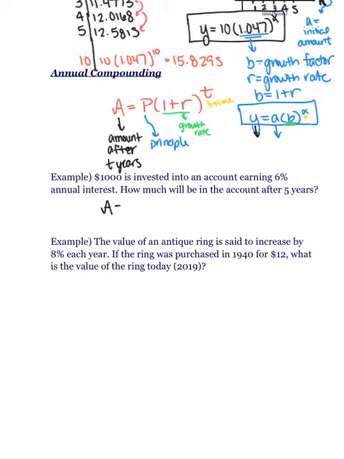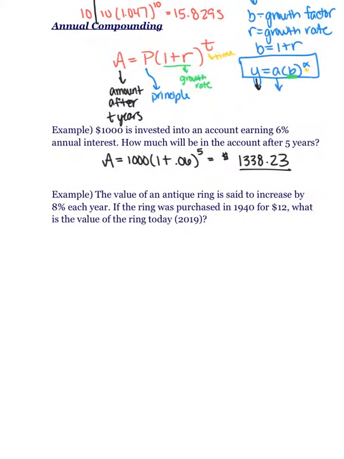So A equals my principal is 1,000 times 1 plus my rate is 6%, so 0.06, raised to T, which is 5. And when I plug this in my calculator, I get $1,338.23. Not too bad.